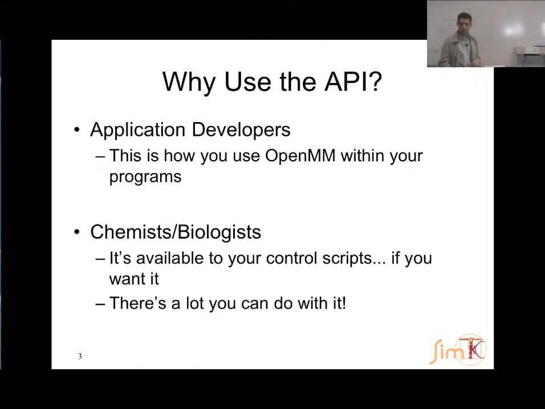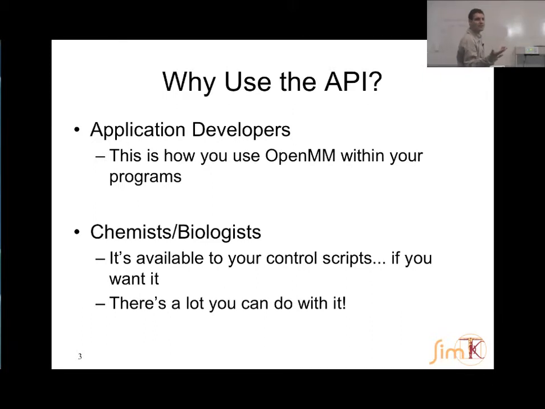So you might be wondering, why would I want to make use of this API, the one that's a level below? Well, if you're an application developer, someone who's not going to just be using OpenMM to run simulations, but you're writing your own applications and you want to use OpenMM within your applications, this is how you do it. The public API is very specific.